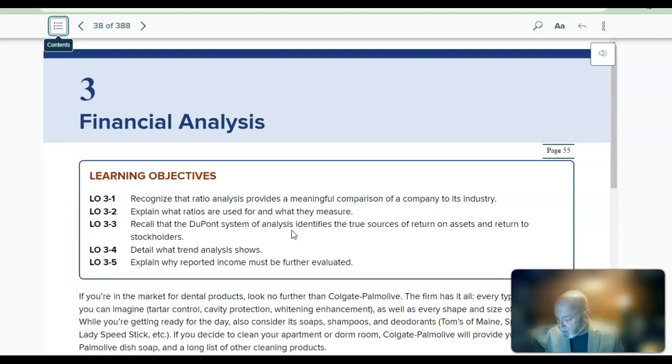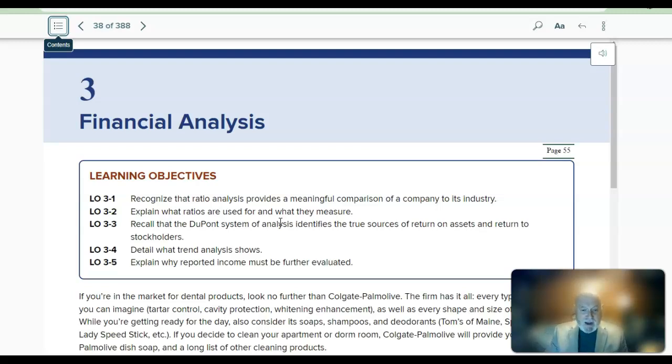We can think of them falling under four categories. There are profitability ratios, asset utilization ratios, liquidity ratios, and debt utilization ratios. All of those are really designed to give people a view. So where are ratios used?